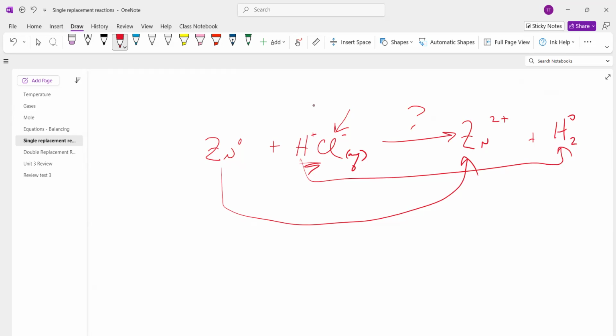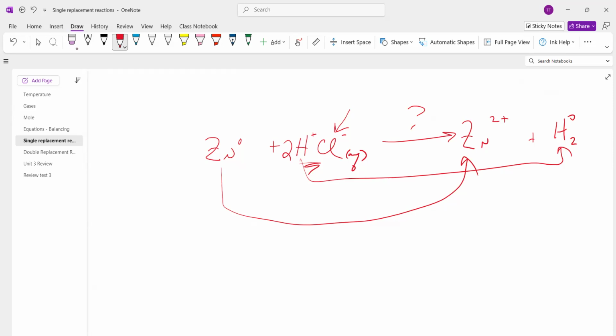It's H2. We need two of those. It's treated like a metal. It depends on what chart you're looking at, metal or non-metal, but in this deal it's treated as a metal because it's being oxidized and reduced. So zinc is above the H plus. That means this happens.